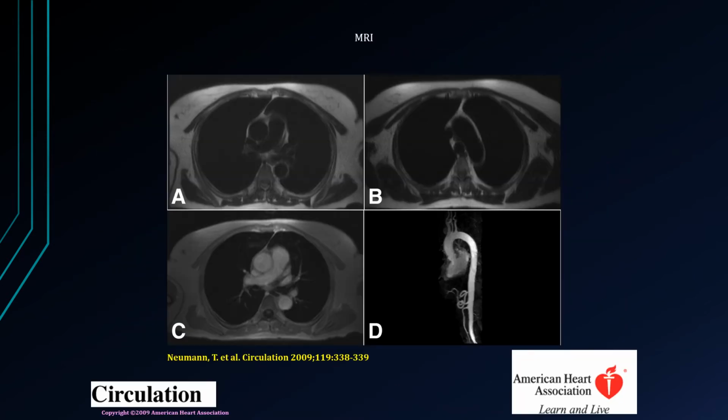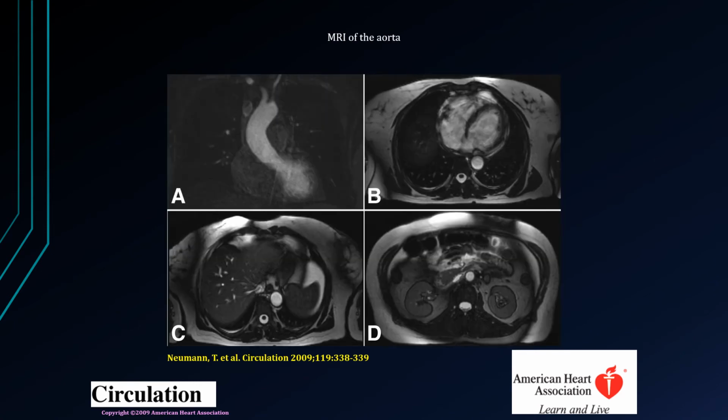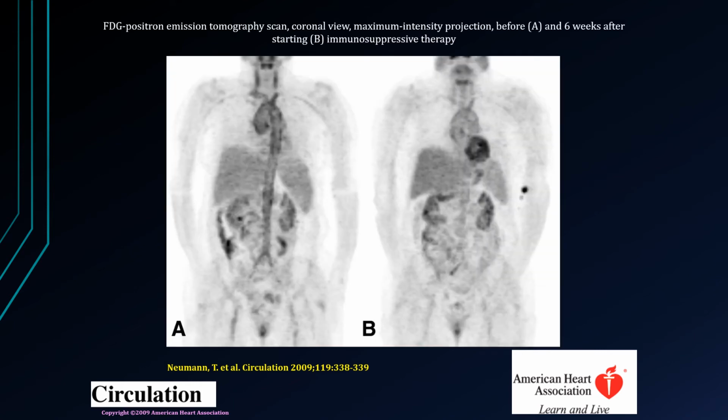This is a case where a patient was suspected to have vasculitis and had an MRI study looking at the vasculature, and everything looks absolutely normal. Again, we don't see any evidence of enhancement or thickening of any of the vascular walls or vasculature in general. But that patient went on to have an FDG PET scan and it clearly shows evidence of a vasculitis as the aorta lights up all the way from the thorax, aortic root, all the way down to the bifurcation in the abdomen.